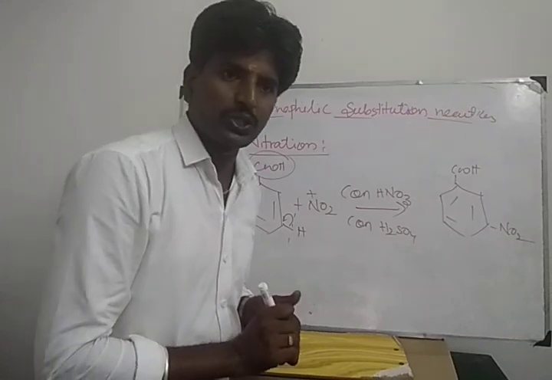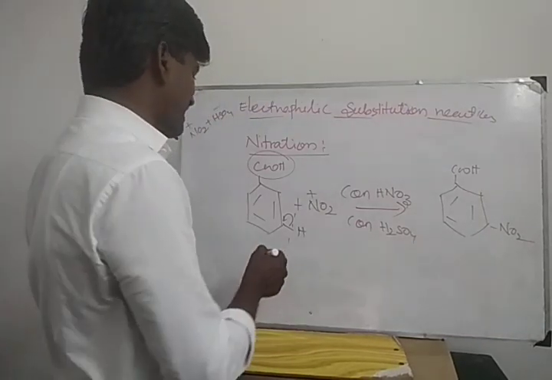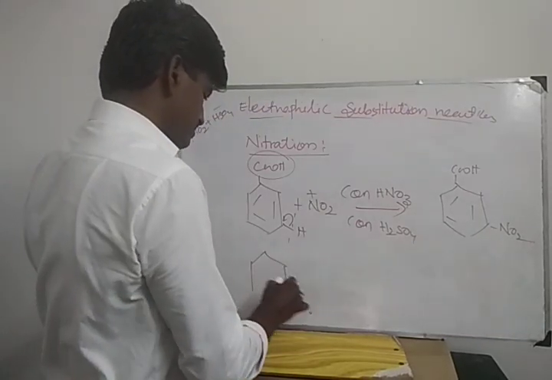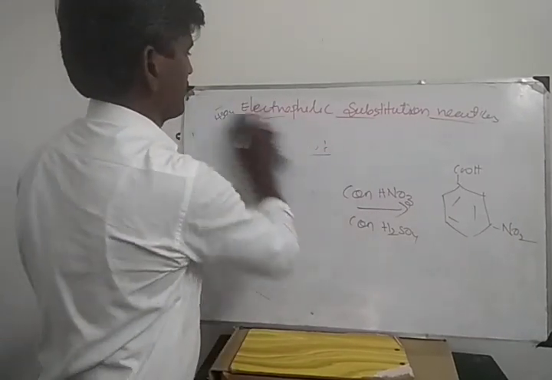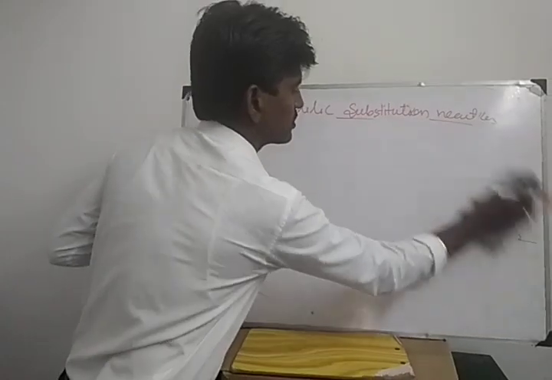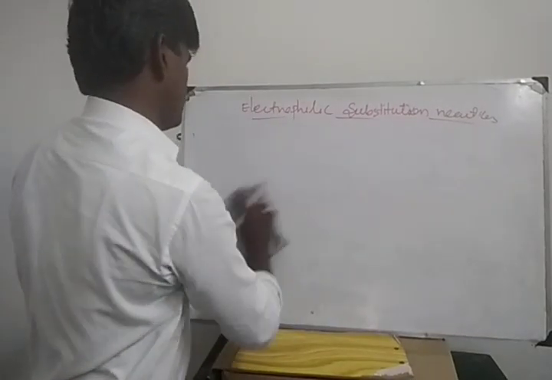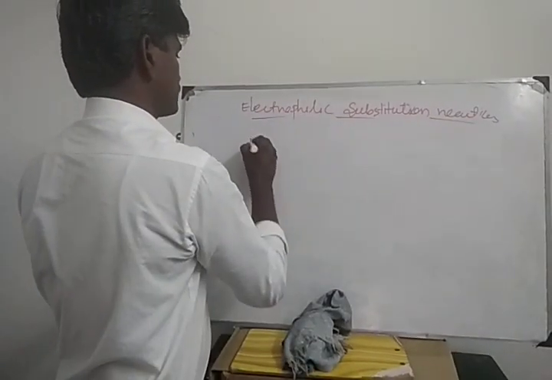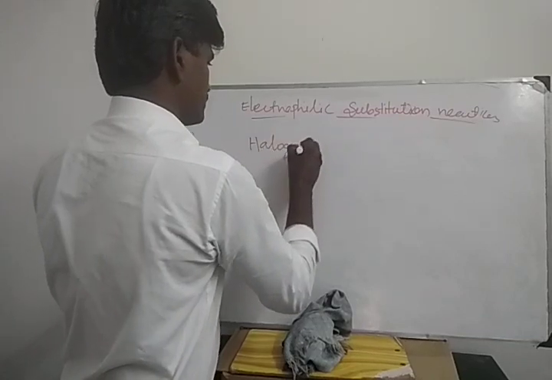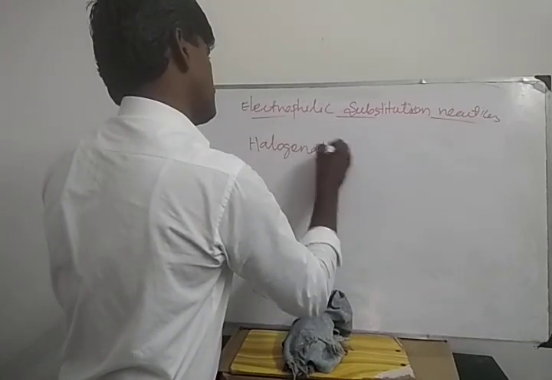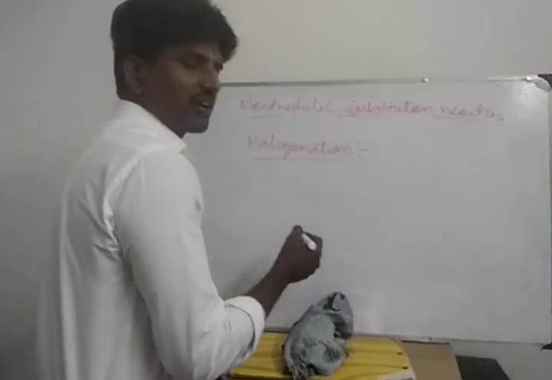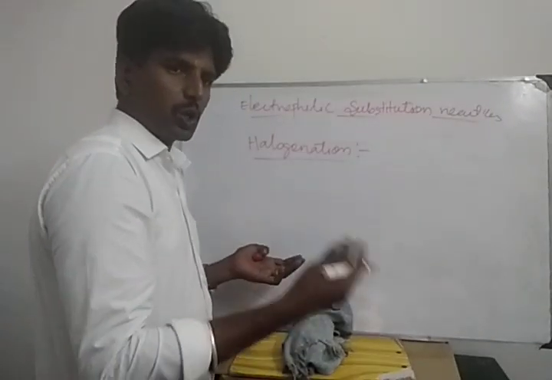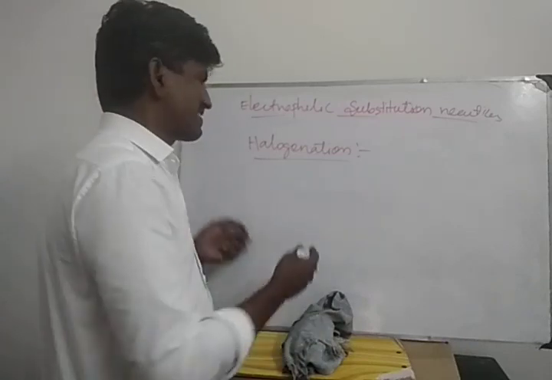Next, I am going to do halogenation in benzoic acid. Addition of a 17th group element, addition of chlorine, bromine, fluorine is called halogenation.